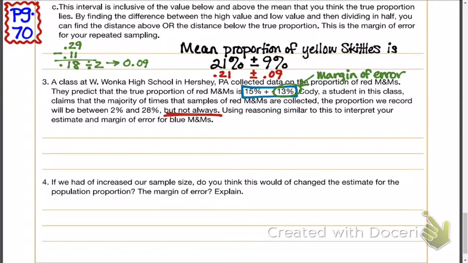So we have a proportion of 21% plus or minus 9%.